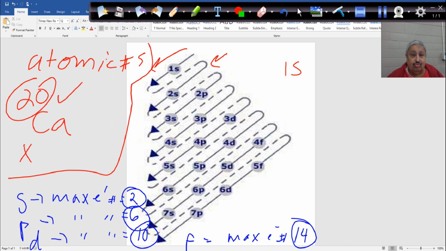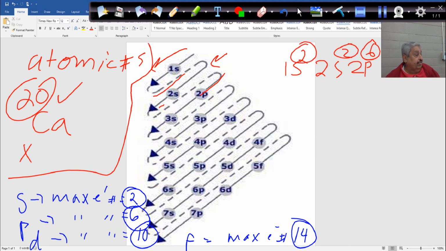So let's do this one here. 1s2, maximum of 2. After 1s comes 2s, maximum of 2. Correct? Go back. 2p, maximum of 6. Now I count until now: I have here 6, 2, and 2.